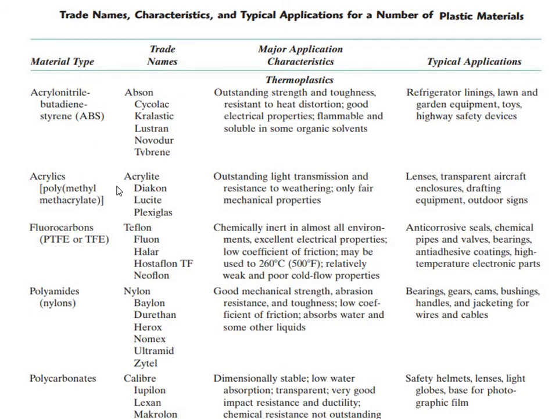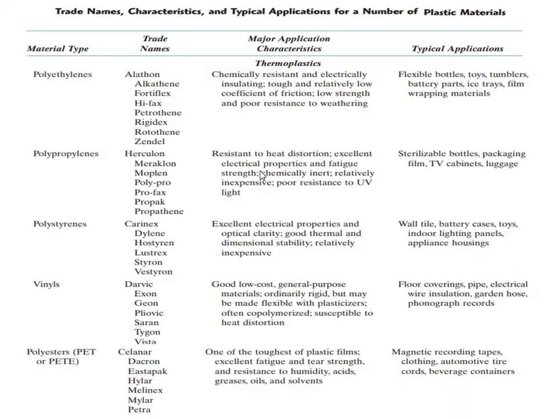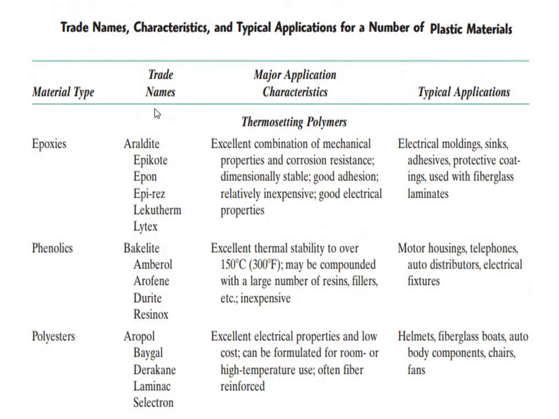These are their trade names, common names, major applications and typical applications. These two charts are of the thermoplastics, and this one is for the thermosetting polymers. So you can easily check out the applications against the names.